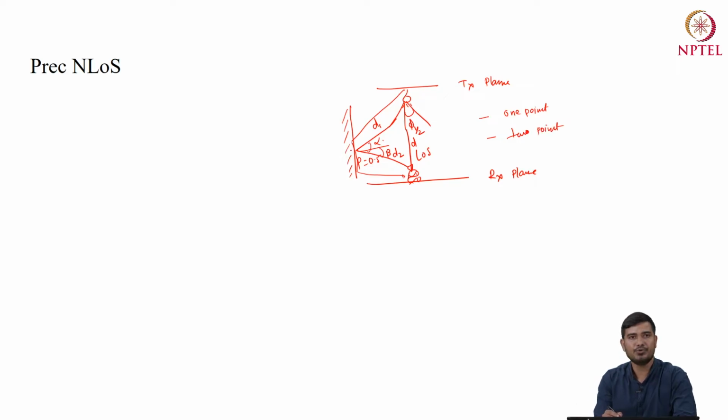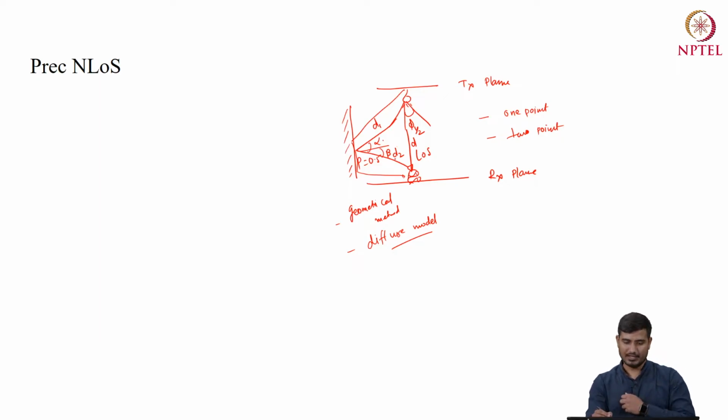For that you can use the geometrical method to model this non-line of sight reflection, or you can use the infrared diffused model where we consider the same reflectivity inside the room, so every NLOS channel gain has the same value. So in two ways you can model this non-line of sight reflection.